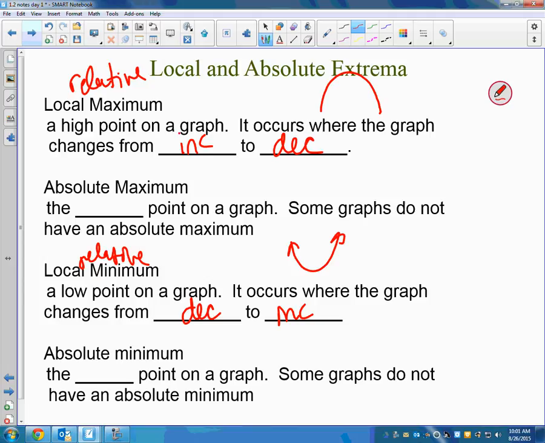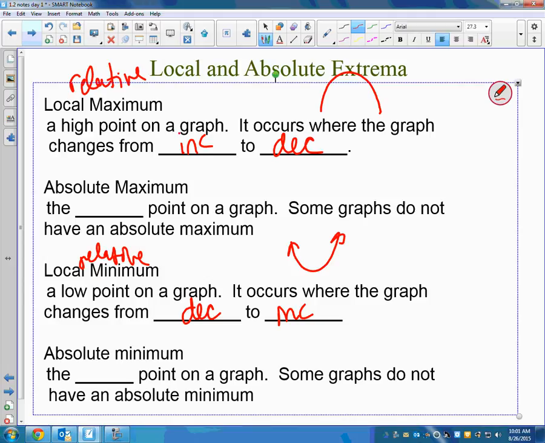But just because your graph has a turning point does not mean that it is the absolute highest or lowest point. So that's the difference between absolute maximum and absolute minimum. So an absolute maximum is the highest point. Oh wait, there's no hidden thing there. I have to write it. The highest point on a graph. What do I mean by that?